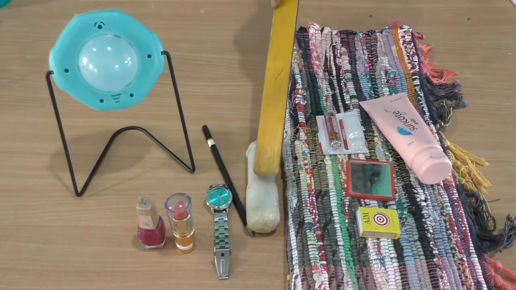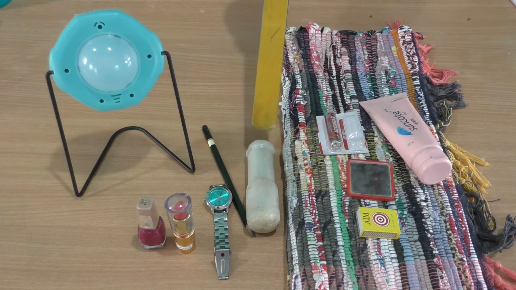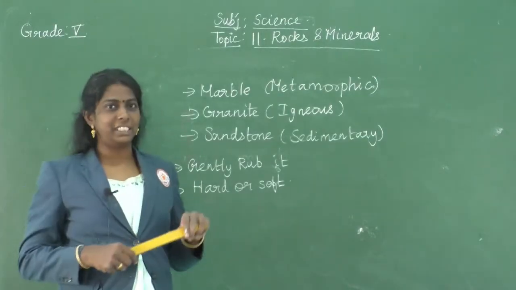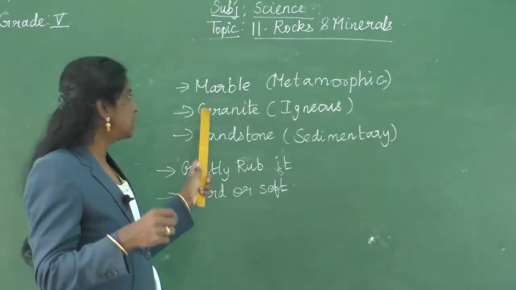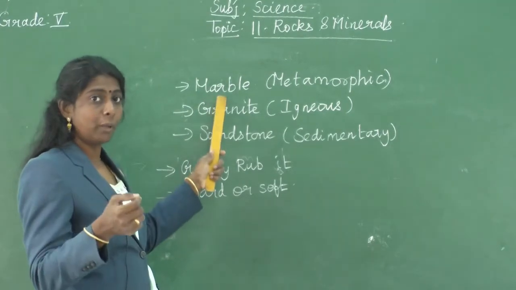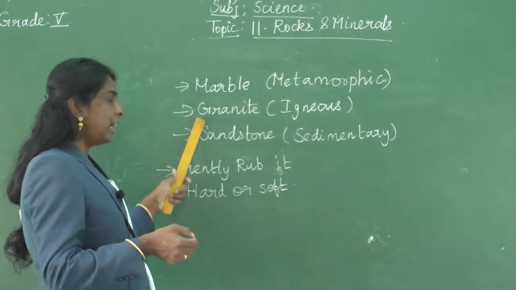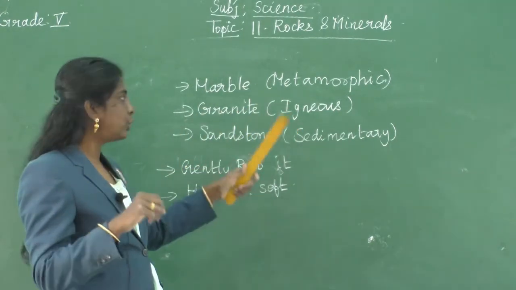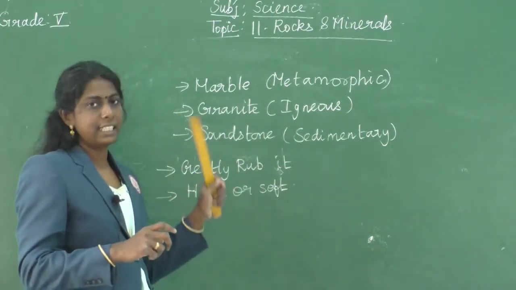Yes, children. Now another example of a metamorphic rock, that is marble. Yes, students. Now an activity for you. What is that? You are going to collect a piece of marble, which is basically a metamorphic rock, and then a piece of granite, which is basically an igneous rock, and then sandstone, which is basically a sedimentary rock.